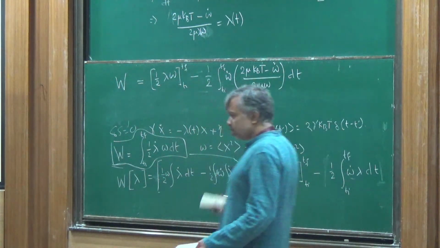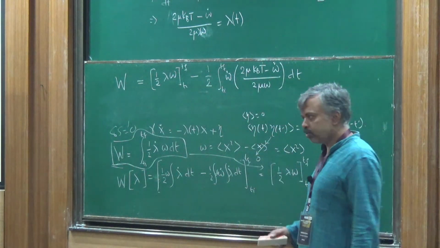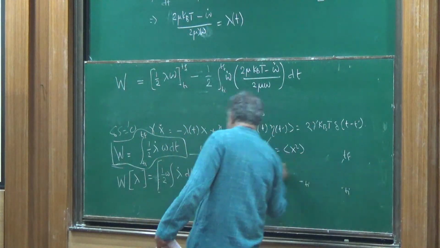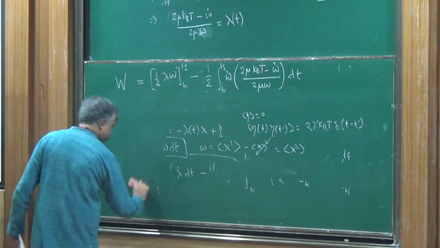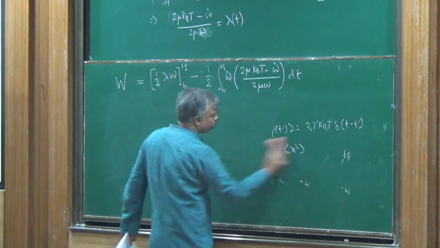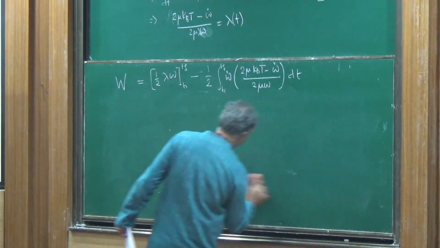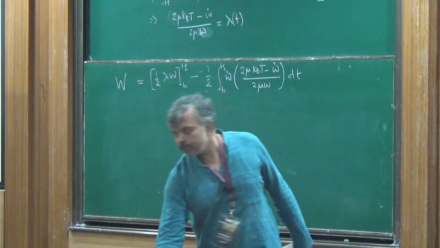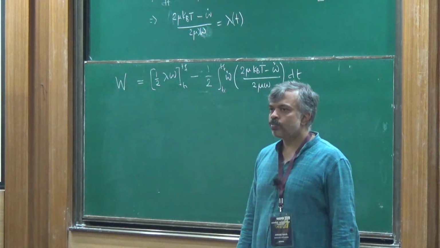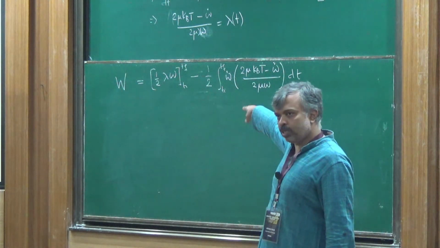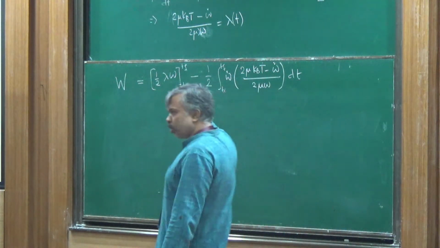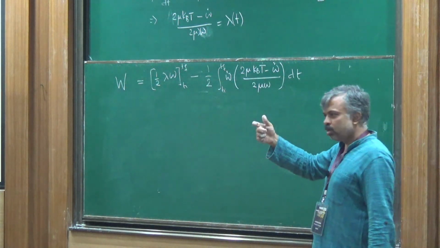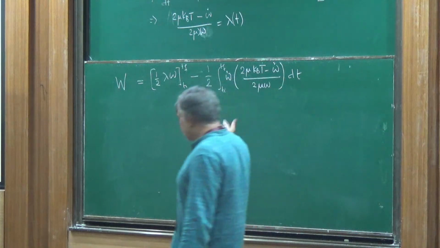All the random quantities are averaged. Why did I put the lambda expression in first? This will be immediately clear in the next step. This is going to be the first law. As Mandava asked, why are we minimizing delta S total, or where is the delta S total? It will come.